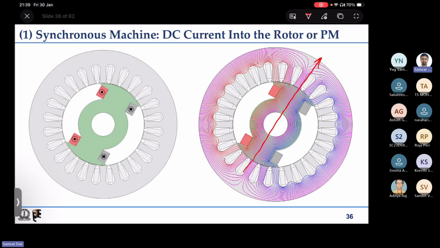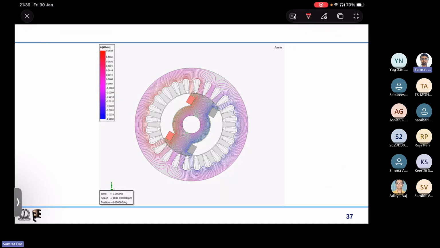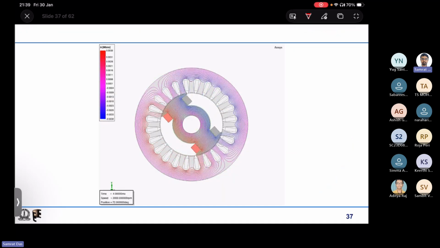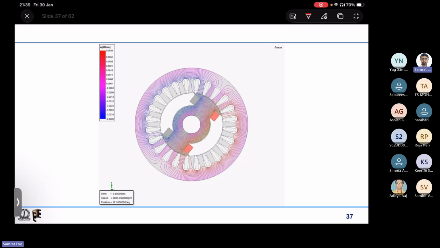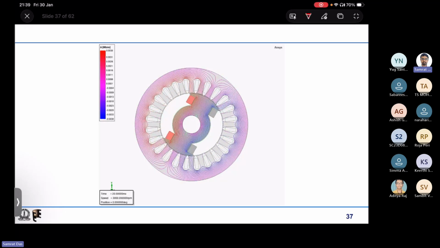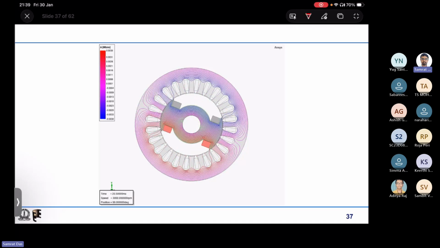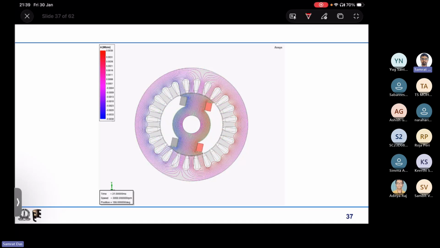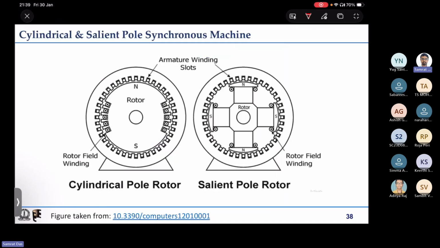Now if we make the rotor rotate, then the magnetic field axis will also rotate, as can be seen in this animation. So we are able to produce a rotating magnetic field by putting some conductors on the rotor and passing a DC current through it. So that is the first thing.